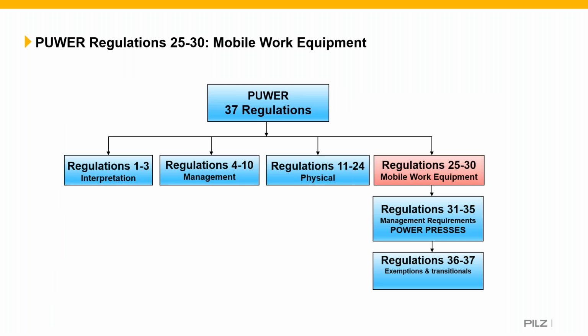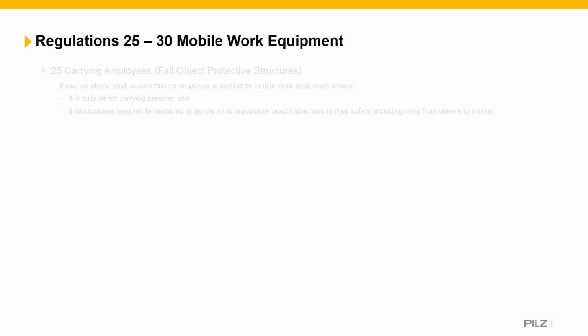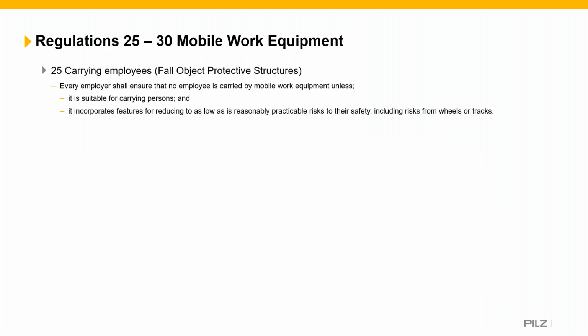So moving on to section 4, that looks at mobile work equipment. Now, Regulation 25 is the first one of these here, and it looks at ensuring that the risks to the operator and other workers due to this mobile equipment, where it may be travelling, for example, are controlled.